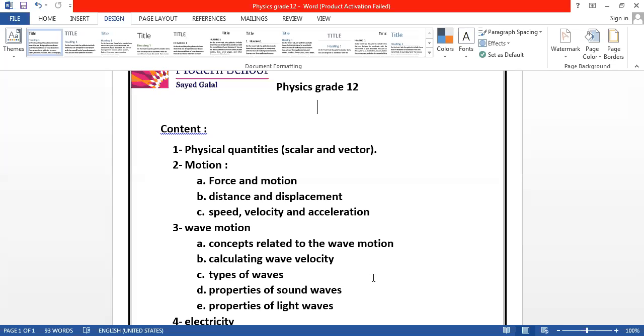Okay, these three units depend on each other. So I need you to keep something in your mind: physics is too easy, but if you keep practicing it. When you leave physics for a long time, it will be hard because all topics are accumulated on each other. If you understand the first one, you're going to understand the second one.